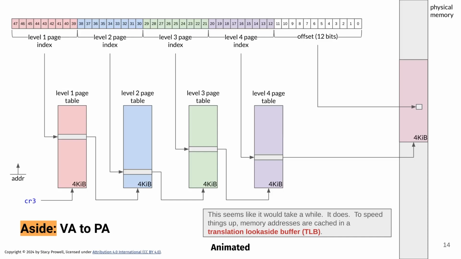And it caches those 36 and the address of the physical memory that we got out the other side. So now I can take those first 36, map it directly to that, and then I can add the 12-bit offset in order to get a particular byte. That's the purpose of the translation look-aside buffer. It makes this whole process much faster if I've done it before.